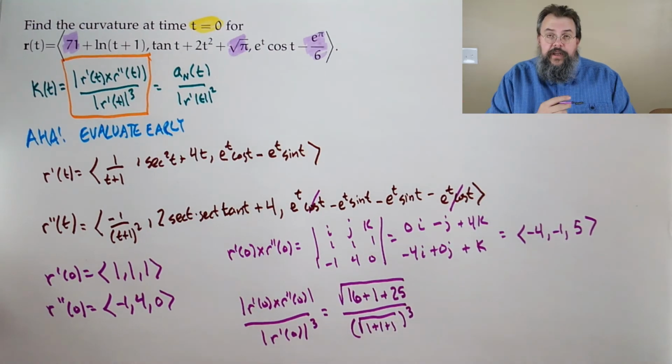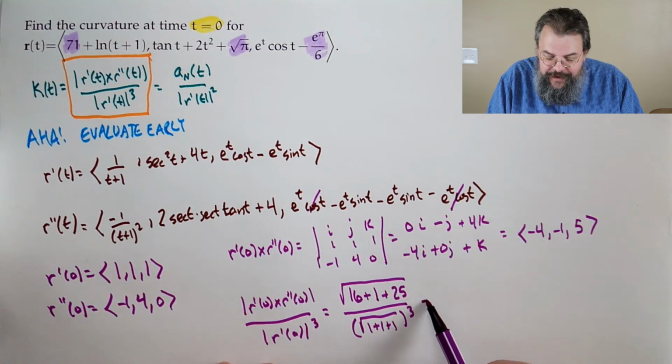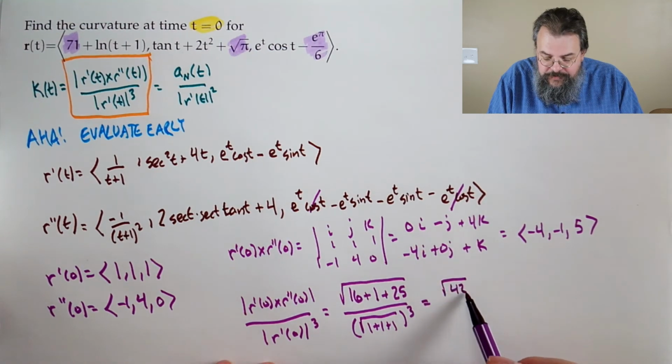Now, we start thinking, okay, 16 plus 1 plus 25, what's the answer to that? Well, turns out it's a nice number. The number that's the answer to life, the universe, everything? 42. So it's the square root of 42. Now down here, you get the square root of 3 cubed. Well, that's really the square root of 3 times the square root of 3 times the square root of 3.